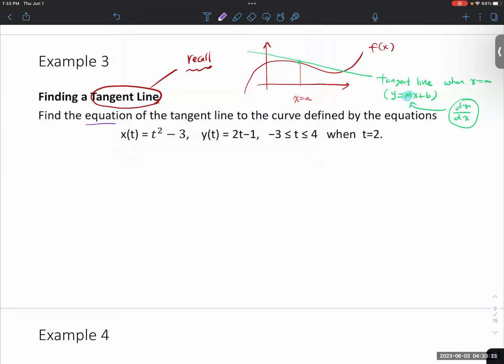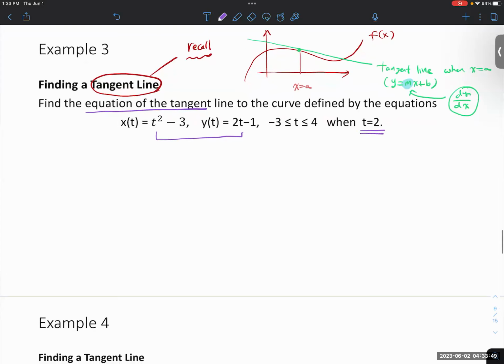Find the tangent line of the following parametric equation. We have the x, y functions given, and we're going to find the tangent line when t equals 2. In this equation, first of all, let's find the slope of the tangent line.